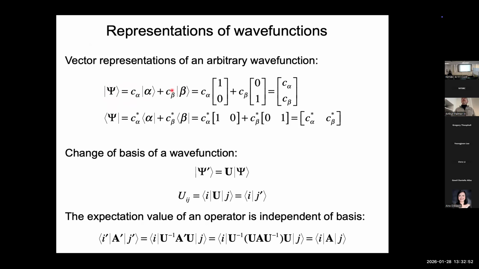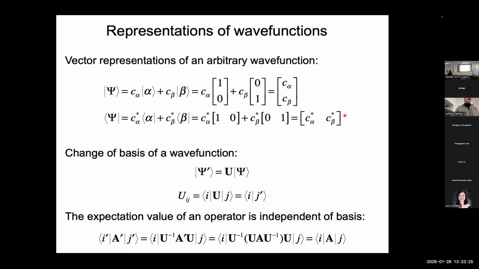They might be time-dependent numbers, they might be complex numbers, but they're numbers. And if we just do the arithmetic, this is kind of trivially simple. This vector is a column vector of two arbitrary numbers, and they can be written in this expansion. And if we did it the other way, to get the bra, we would take the complex conjugates, we would have the row vectors, and we just end up with the corresponding row vector.